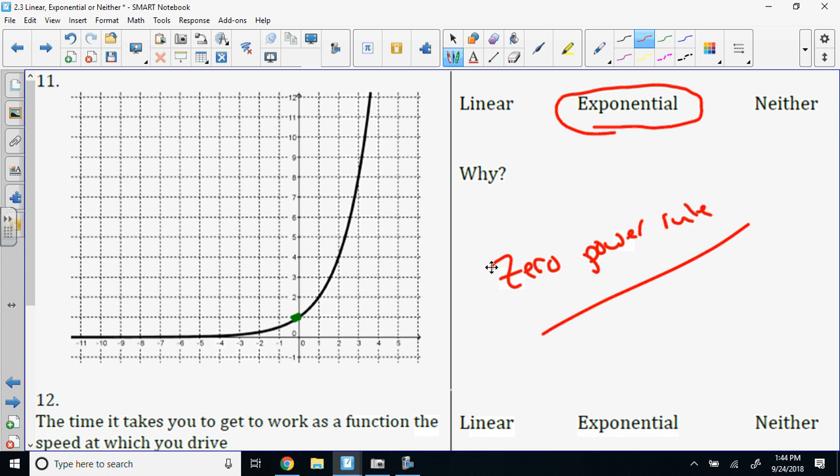You jumped the gun. You put the cart in front of the horse. Say it again, but slow down. Zero power. Anything raised to the power of 0 is what? 1.